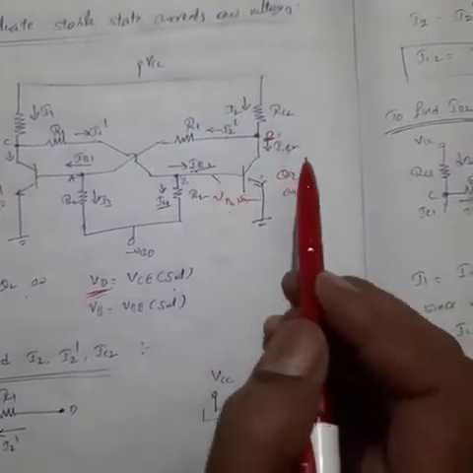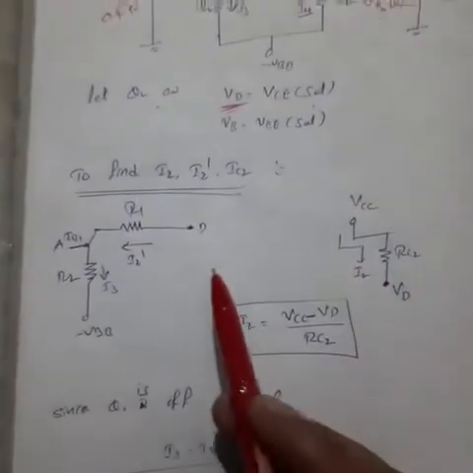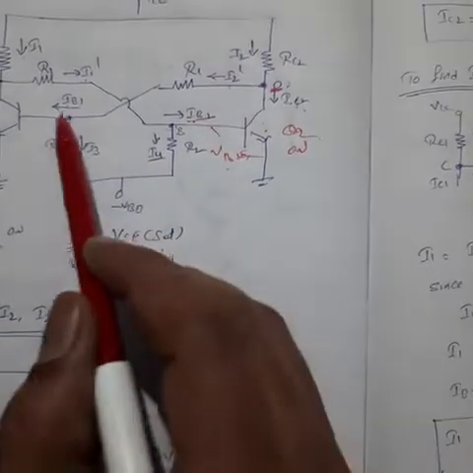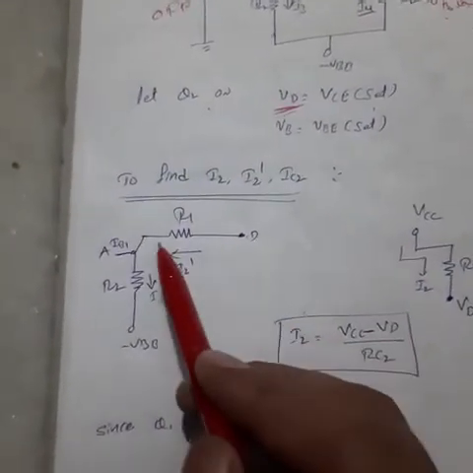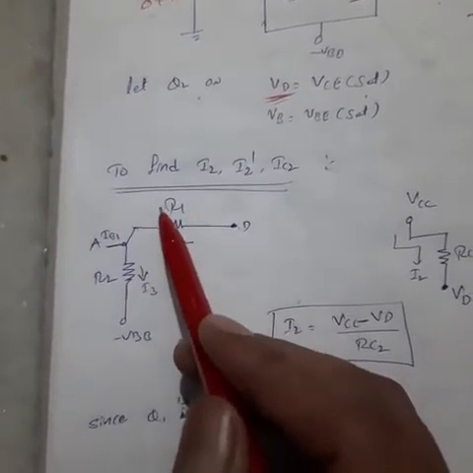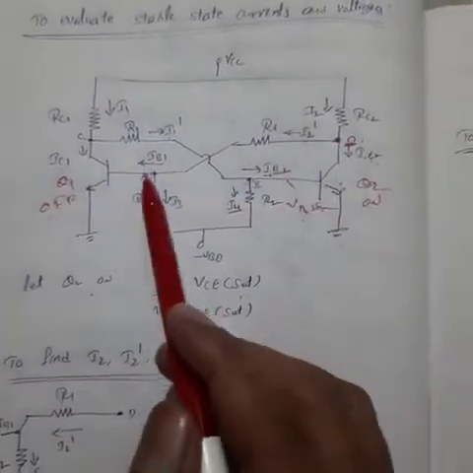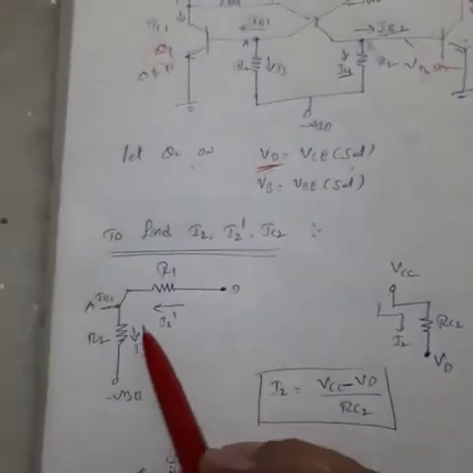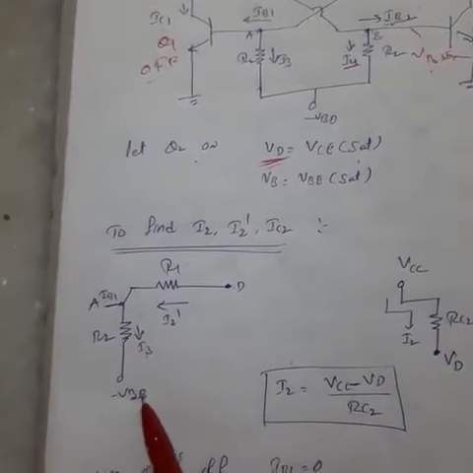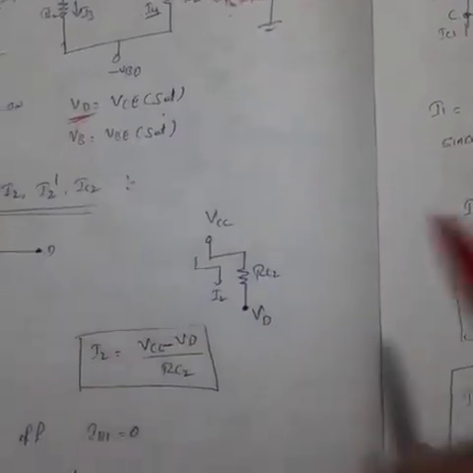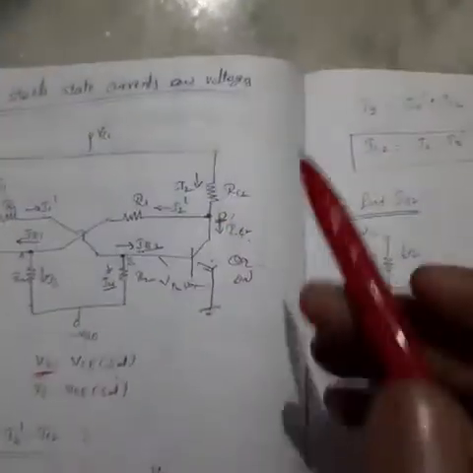Let us draw the same circuit: from D, resistor R1, then IB1, where I2 dash is divided into IB1 and I3, and down to the negative voltage minus VBB.